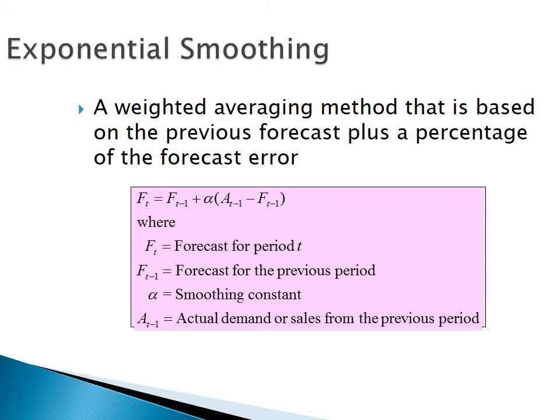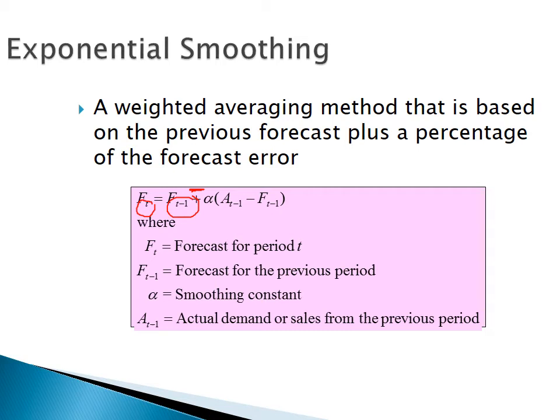The next term is exponential smoothing. So the forecast for time period t is the forecast for t minus 1, the previous forecast, plus, oh, actually this will be minus. Please make this correction. This sign would be minus here.